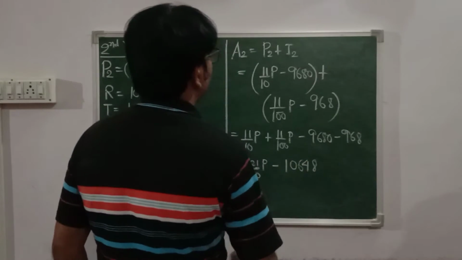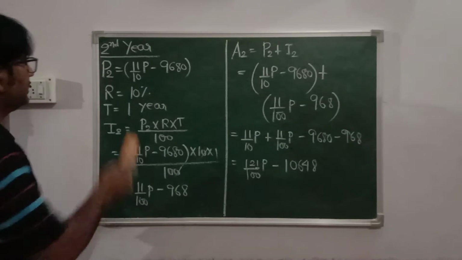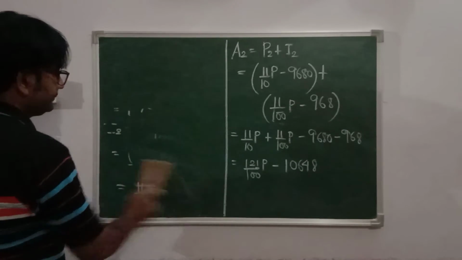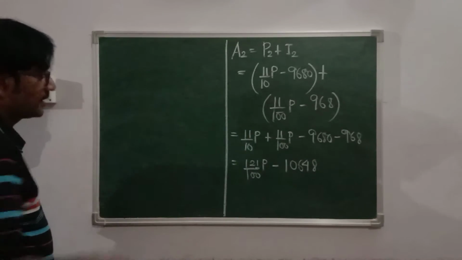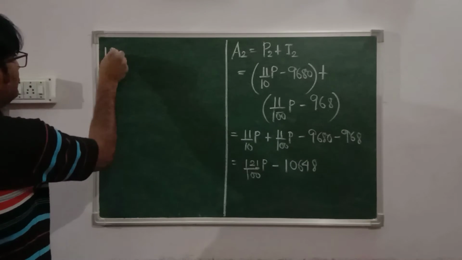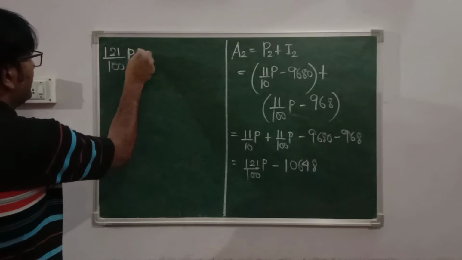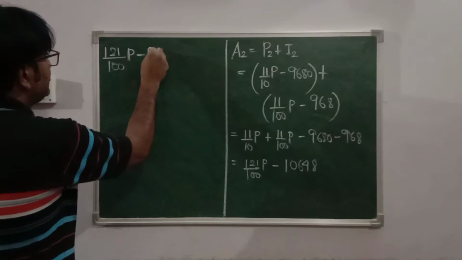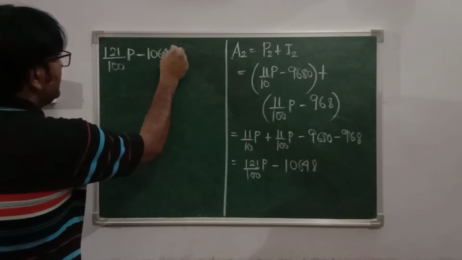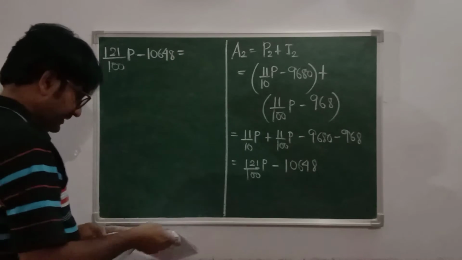So finally we can write 121 by 100 P minus 10648 is equal to 9680.